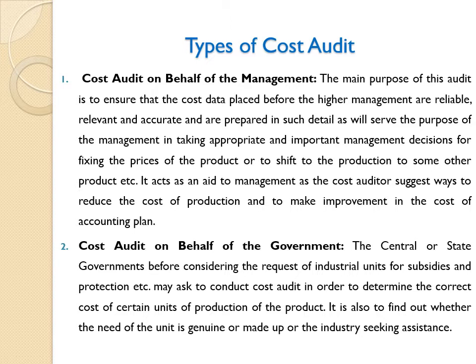The governments decide about the industrial units, subsidiaries, and protection. The central or state governments, before considering the request of industrial units for subsidiaries and protection, may ask to conduct a cost audit in order to determine the correct cost of certain units of production of the product.